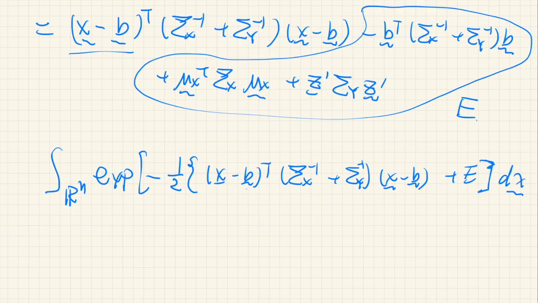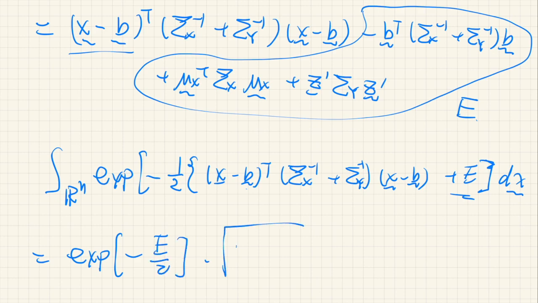So if we integrate this, this part is constant, so let's leave it alone, and times square root of 2 pi to the power of n times the determinant of the inverse of this.